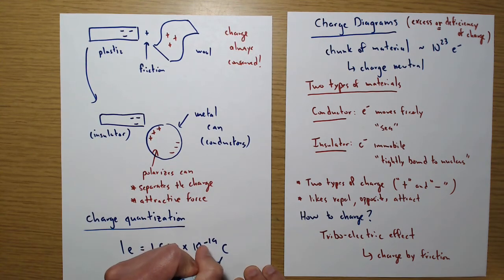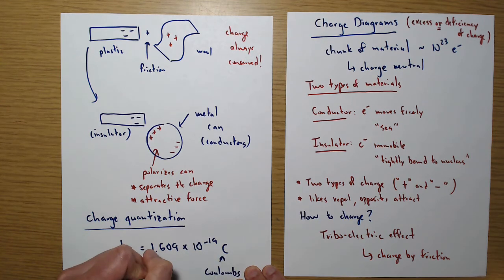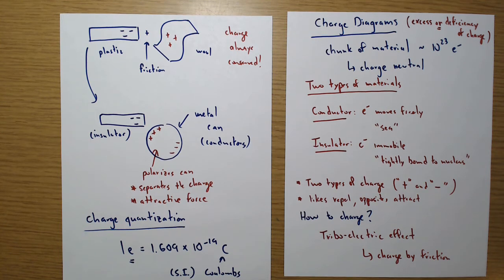C is short for coulombs, and coulombs is the SI unit for charge, or the scientific unit for charge. 1 coulomb, you can see, is a very, very large amount of charge. It's about 6.25 times 10 to the 18 electrons. So 1 electron carries a tiny amount of charge, but a coulomb is a very, very large amount of charge.